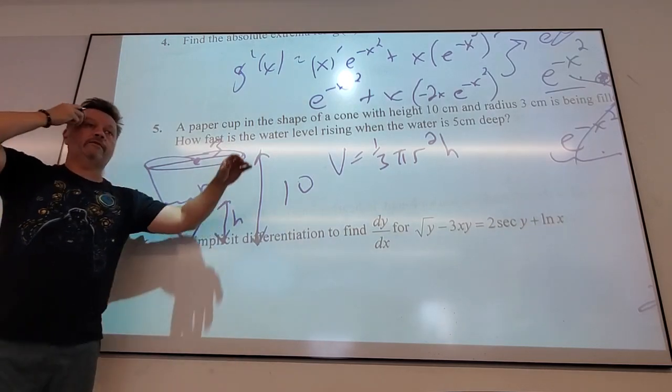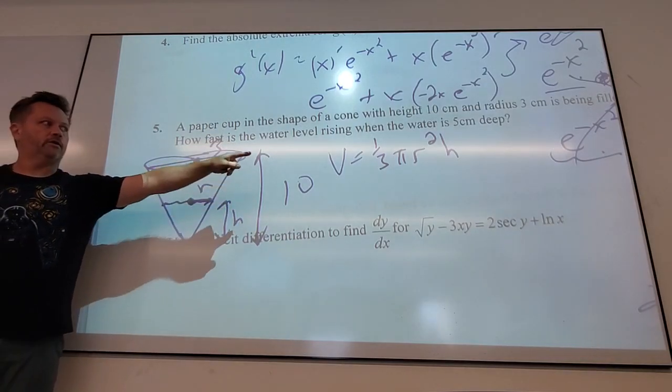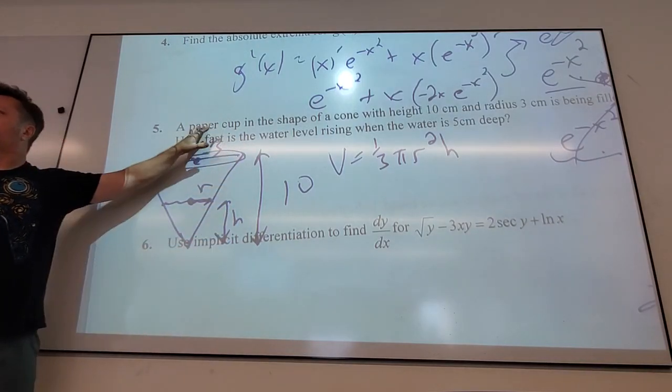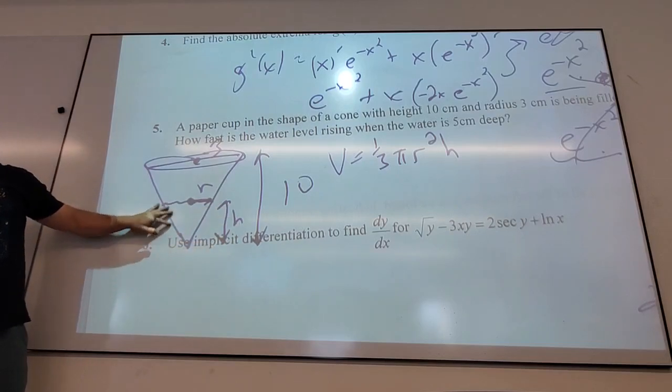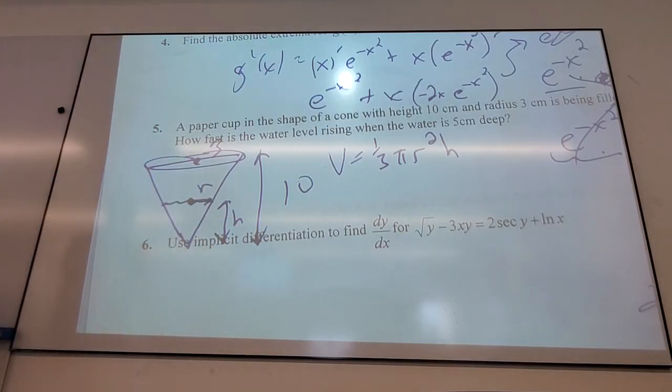So, what do I have to focus on now? Now I've identified for myself, I don't want R. What do I try to set up? This is a very classic similar triangles. I need to figure out a relationship between my two variables, because one of them I don't want. So if I knew R was 3H, I could just put a 3H in place of R. I don't know that.